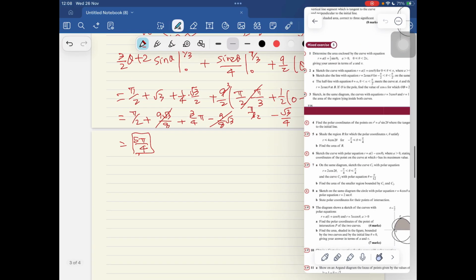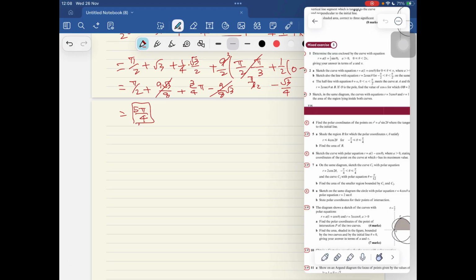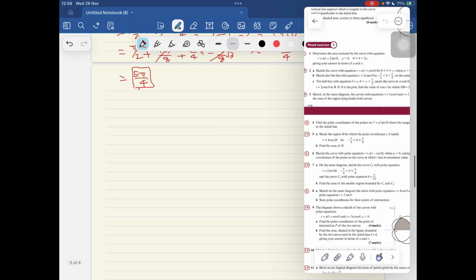And number 5. Shade the region R in polar coordinates. Okay, so let's do that. R equals 4 cos double theta. So I will find the graph.